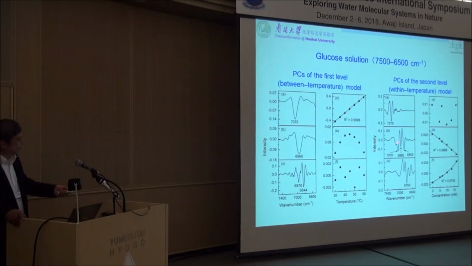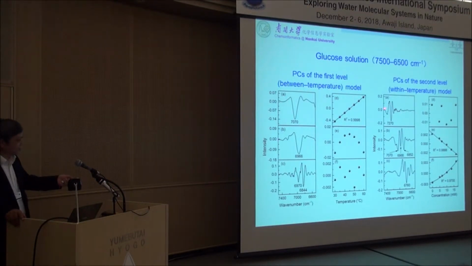And in the second PC, we can obtain this straight line, which can be used to predict the concentration of the glucose in serum samples. This is the glucose solutions. You may ask why not the first PC.